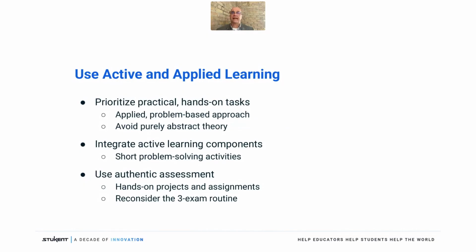The next point, again, on the list is the whole idea of this active and applied learning. And it all comes back really to the same thing, right? The hands-on relevant stuff, right? Not theory, which is important, obviously, but if you want them to learn about what torts are all about, maybe talk about the McDonald's coffee case, right? The hot coffee cup and the lady who spilled it on herself.